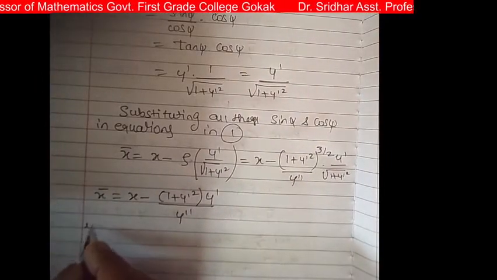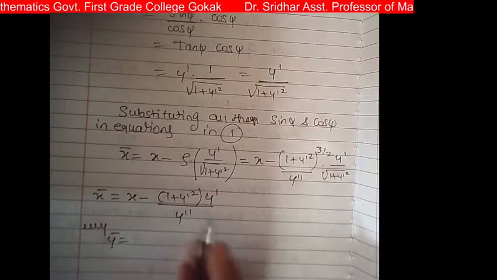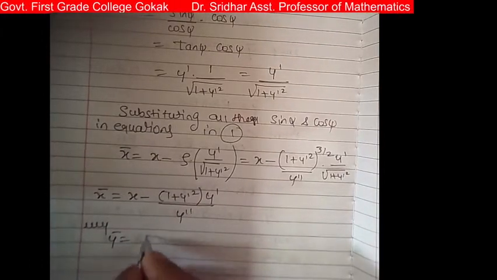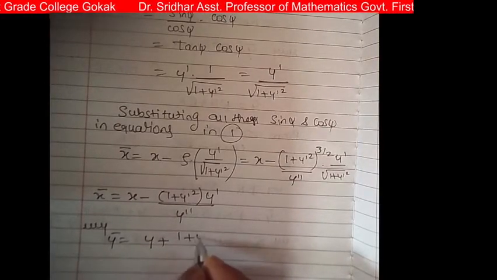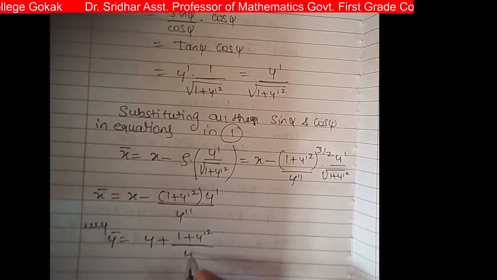So similarly y bar gives, again substituting the same thing in the given equation, we get y bar is equal to y plus 1 plus y dash square divided by y double dash.